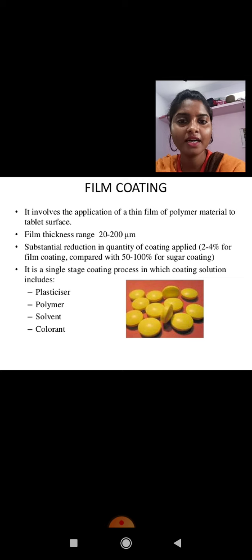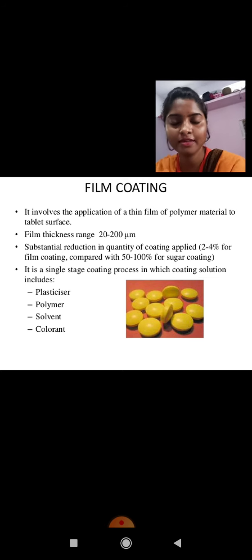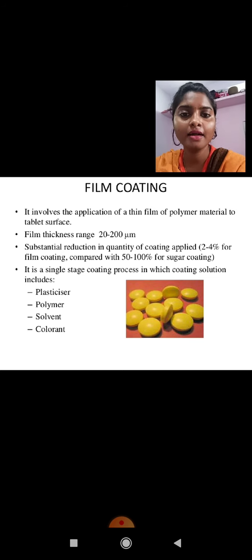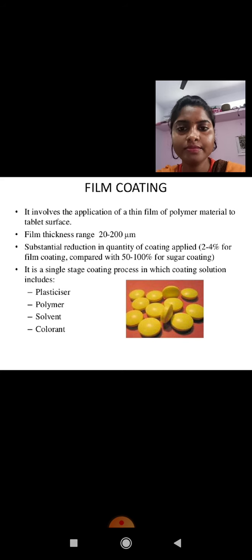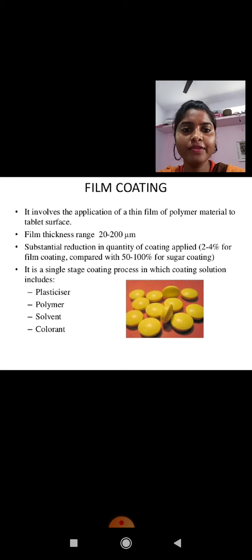It is nothing but applying a film of polymer material to the tablet surface, and film thickness ranges from 22 to 100 micrometers. Substantial reduction in quantity of coating applied, 2 to 4% for film coating, compared with 50 to 100% for sugar coating.